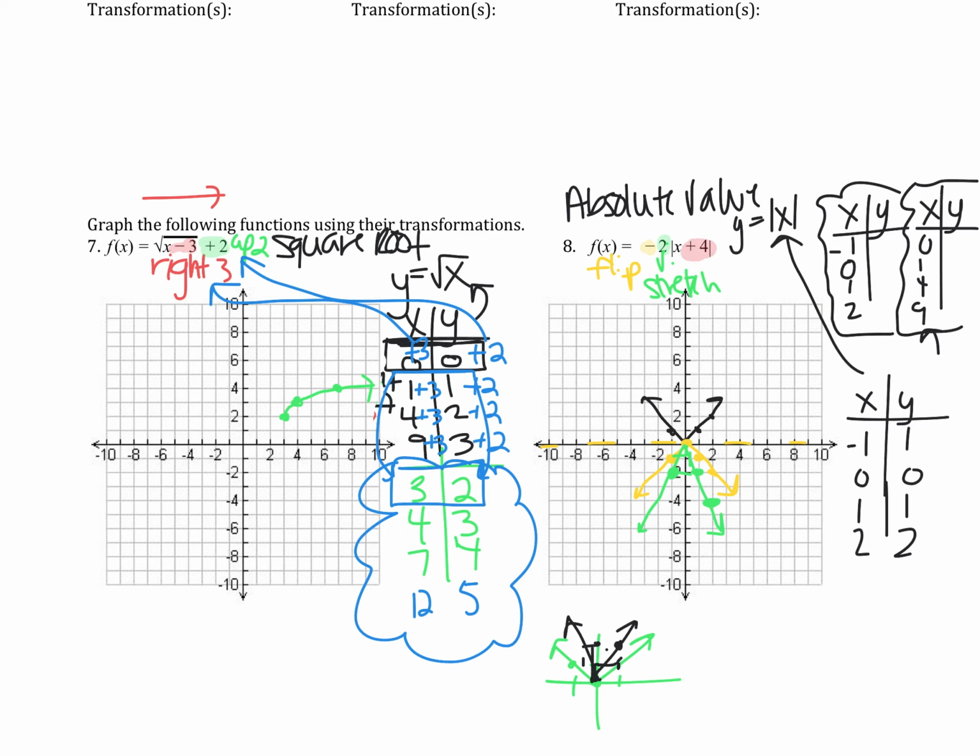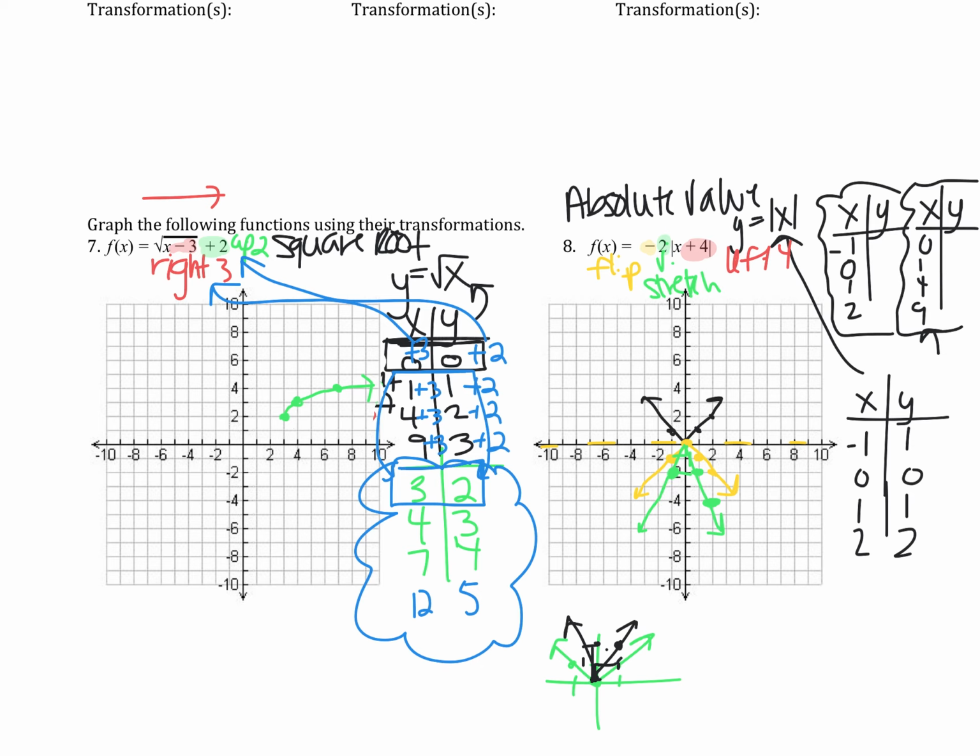Last transformation is this +4 inside of the x. This is going to move our graph left 4. So from our newest transformation, after we flipped and stretched, we now need to move every point left 4. So starting with our (0, 0) spot, it needs to move left 4, and each additional point also has to do the same.